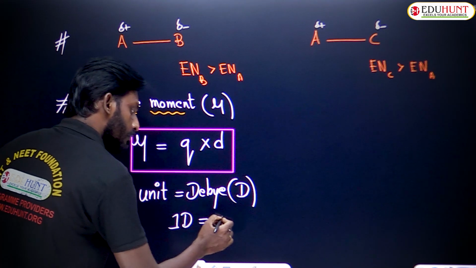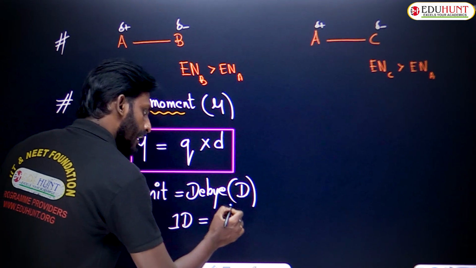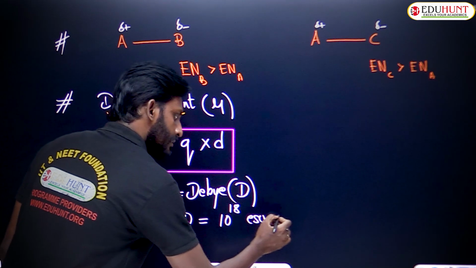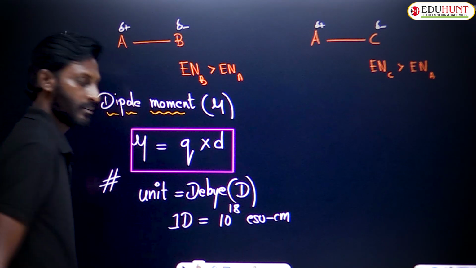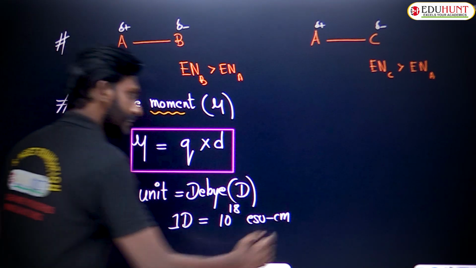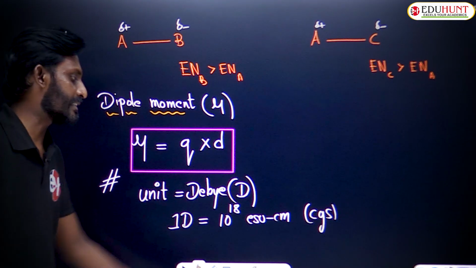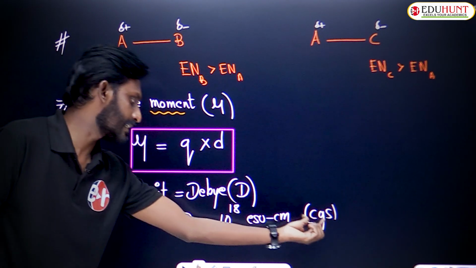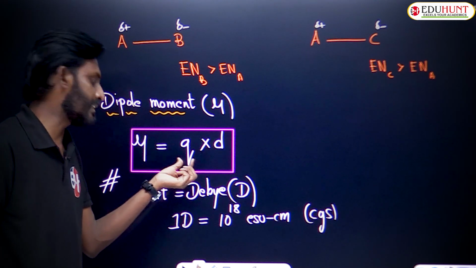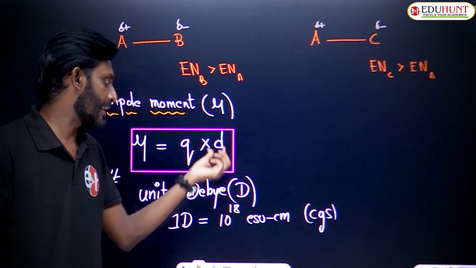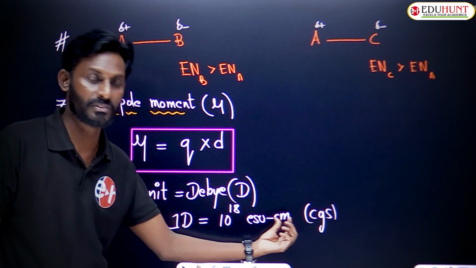1 debye is equal to 10 to the power of minus 18 ESU centimeters. This is in the CGS system. You know very well, in the CGS system, charge is measured in electrostatic units and distance in centimeters.